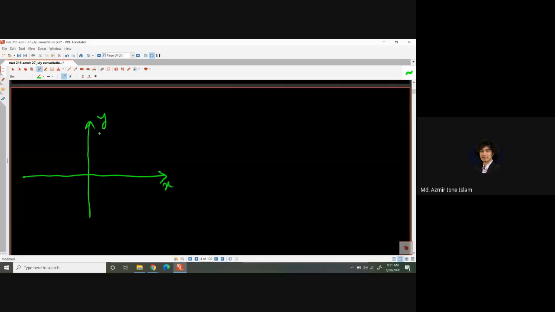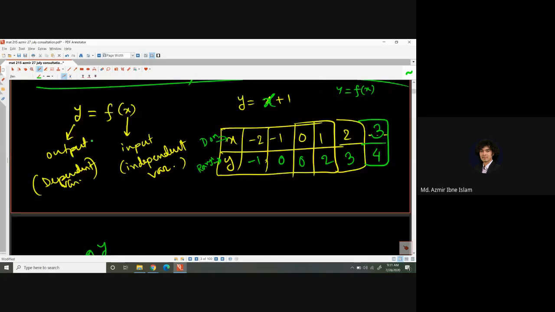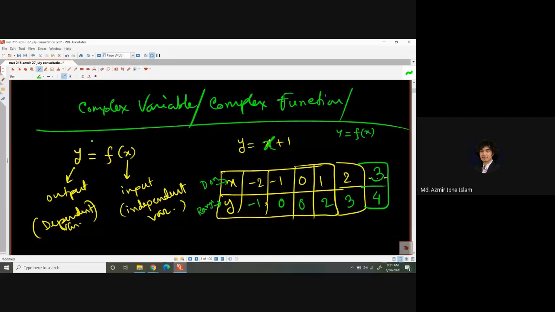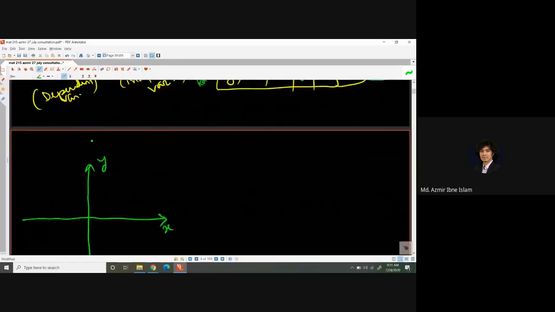For representing a real valued function, we need the Cartesian coordinate system, with x here and y here. Without this idea, we can't understand the intuitive approach of complex variables or complex valued functions. So first we must understand the representation of a real valued function.